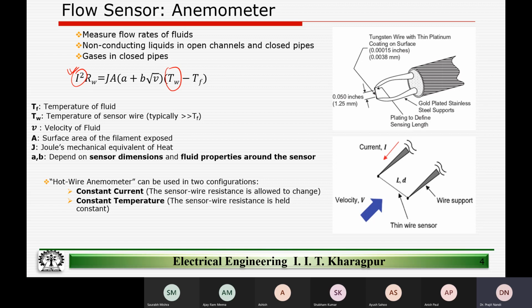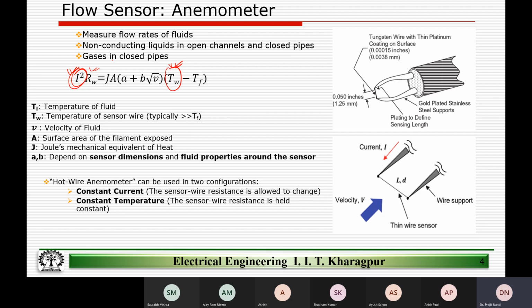And I will treat that current to be, let's say, a constant. I will ensure that the current flowing through the sensor wire is fixed, irrespective of the resistance of the wire or the steady state temperature the wire reaches. So I can make this fixed and let TW and RW vary.